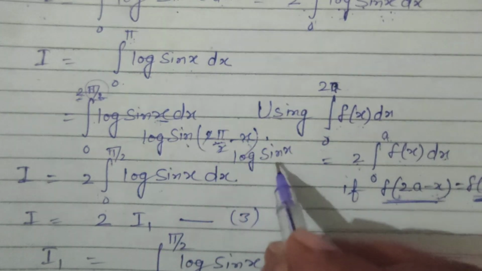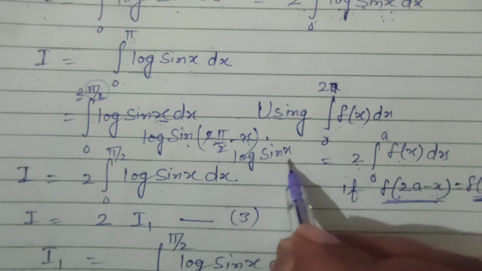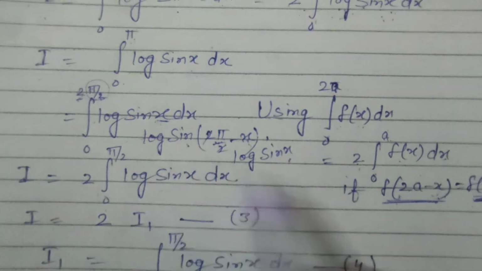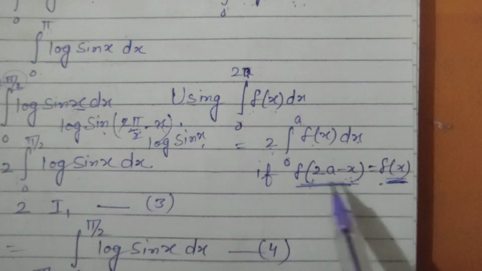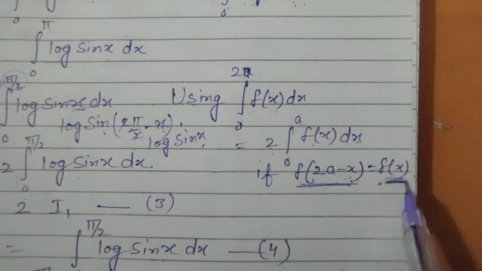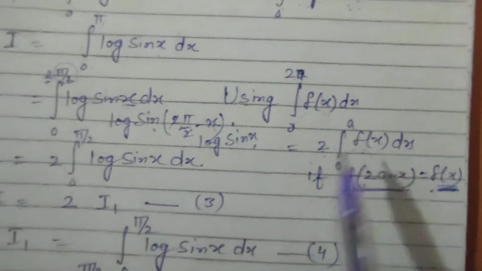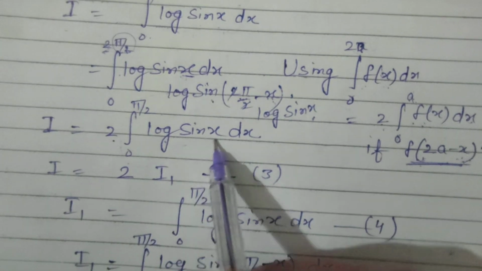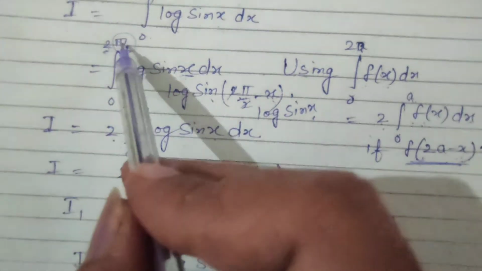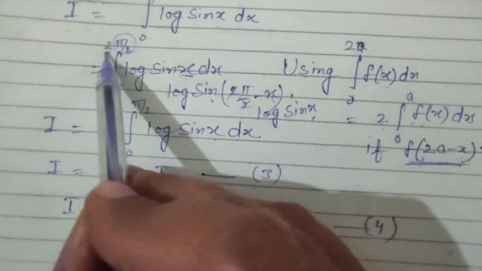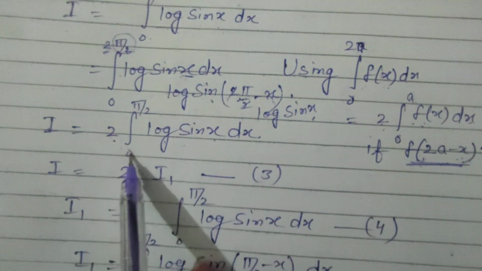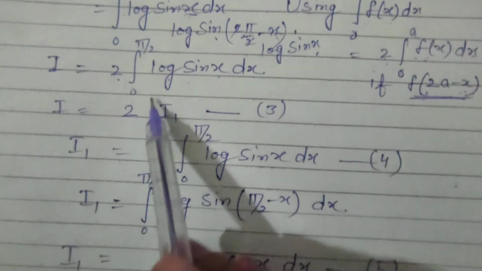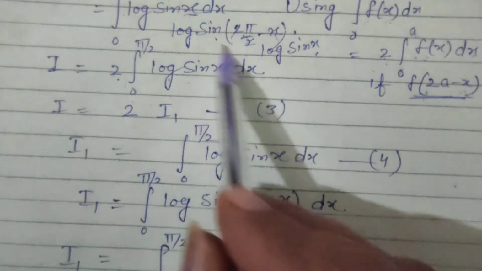Sin of 180 minus theta is sin theta, so it is log sin x. Clear? So this is the same as f x. So f of 2a minus x is equal to f x, then we can use this property. So we can write it as 2 into the integration of log sin x, limit is 0 to pi by 2, 0 to a. This is a, this is 2a. So 2 comes in front, limit is 0 to pi by 2. And this is the same as the question.